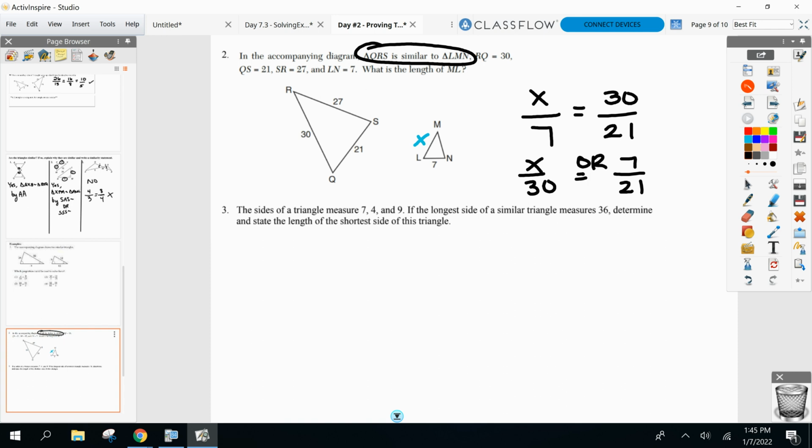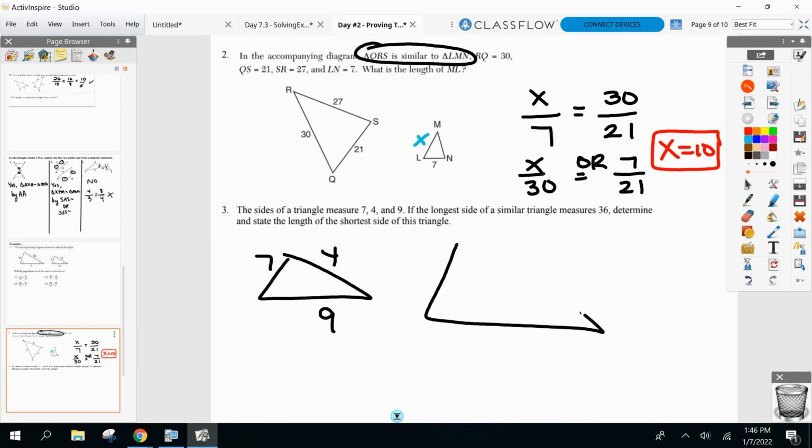And then go on to number 3. I'm trying to find that.